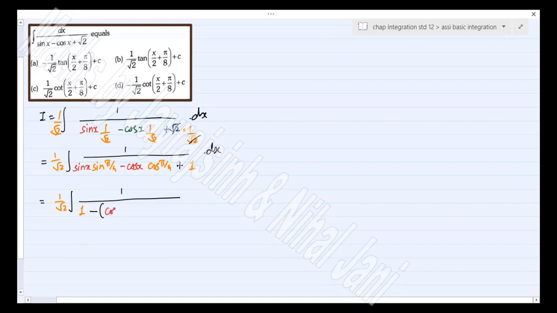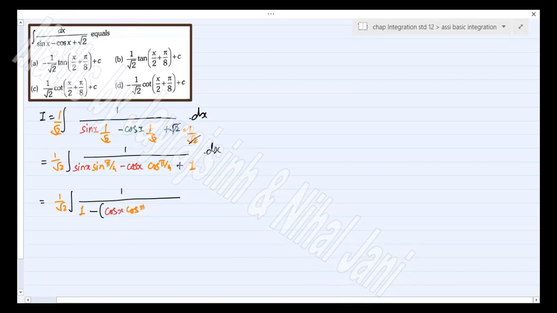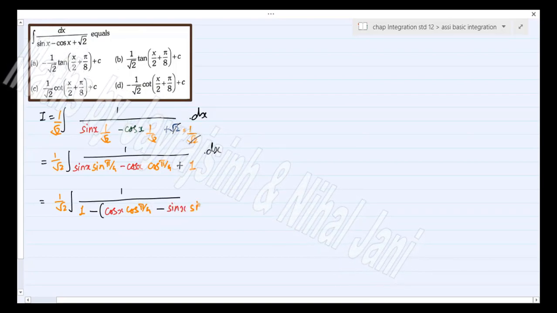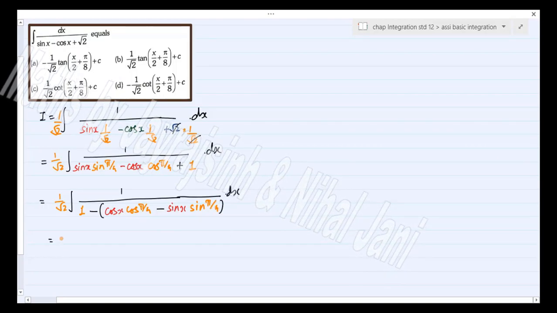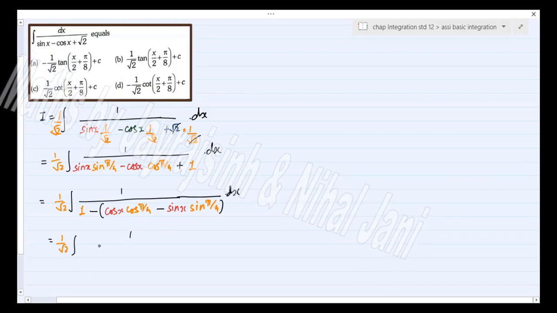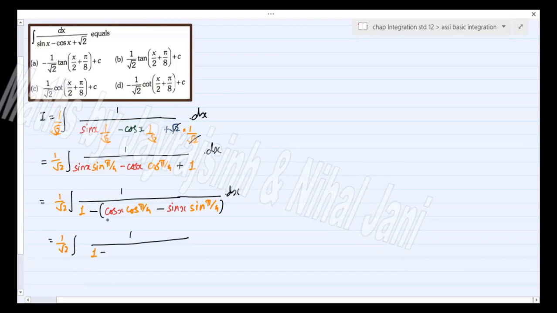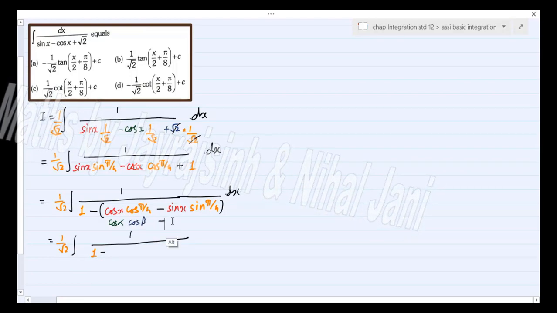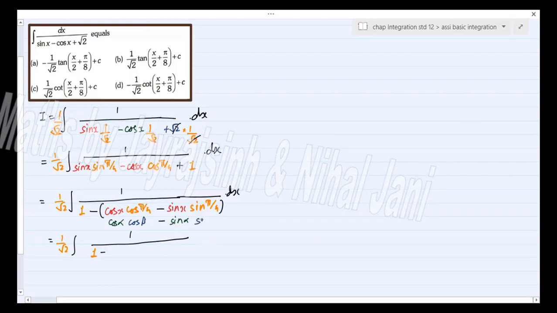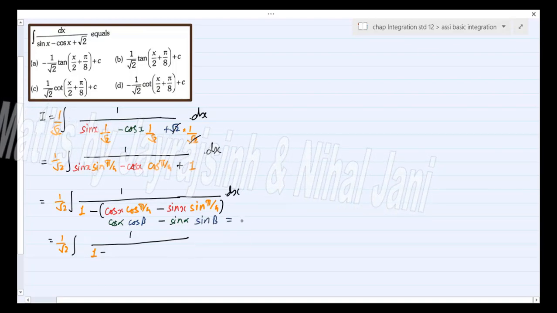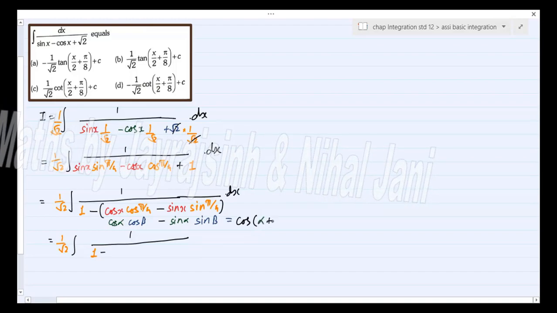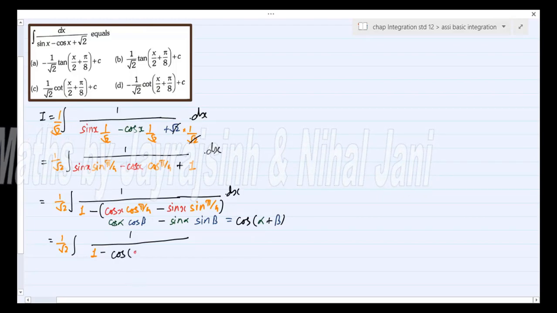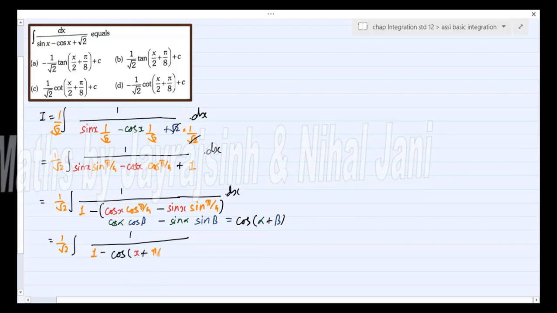So we will get cos x cos pi by 4 minus sin x sin pi by 4, or we can say in denominator we have cos alpha cos beta minus sin alpha sin beta, which is equal to cos of alpha plus beta. So let's write down cos of x plus pi by 4.